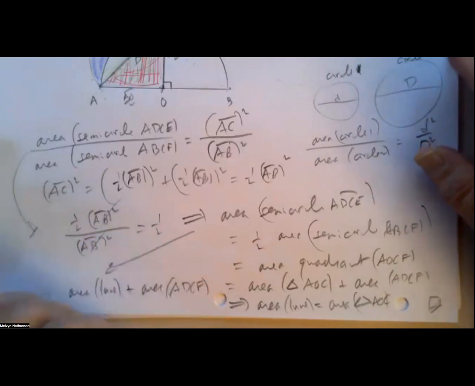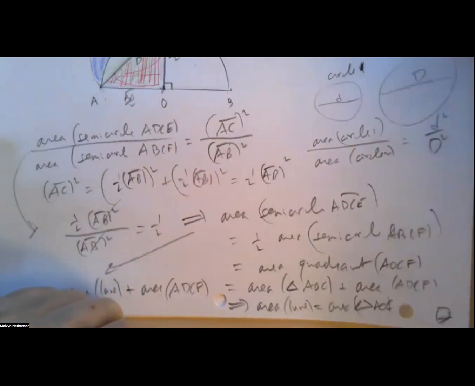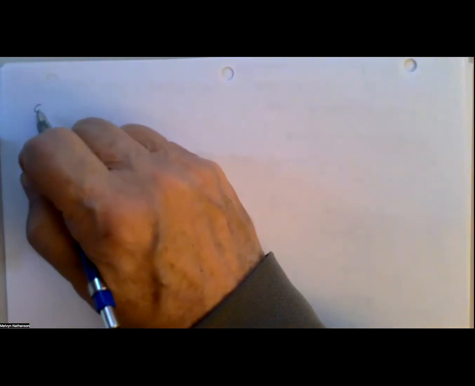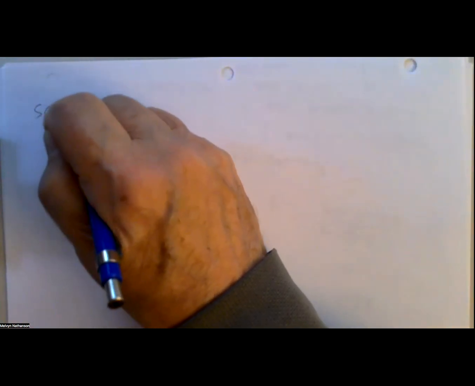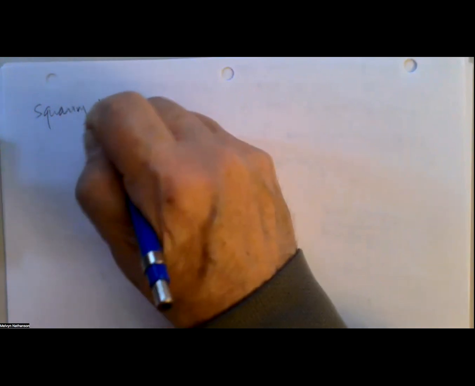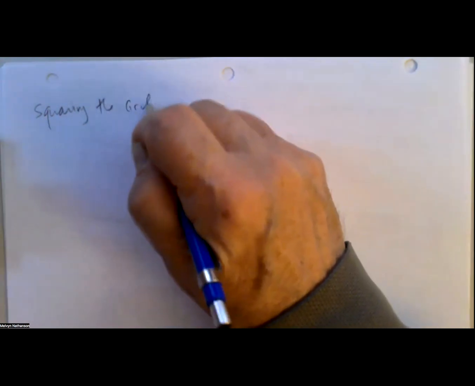Now, let me explain a little bit more why the Greeks were not able to square the circle. So, in a short sentence, the statement is squaring the circle is, the Greeks couldn't do it, not because they weren't smart enough, but it just can't be done.